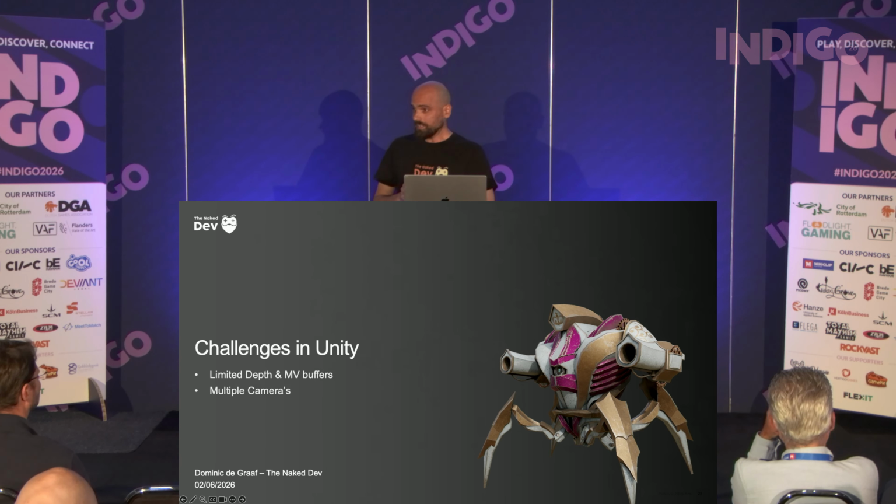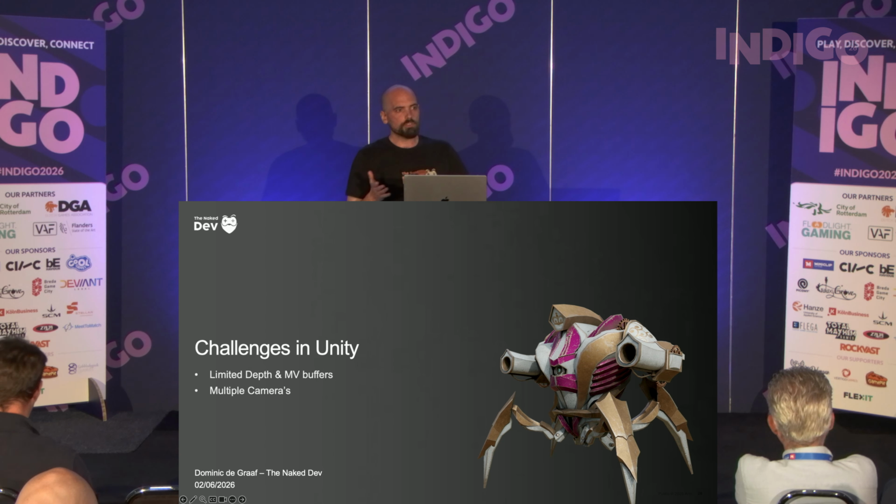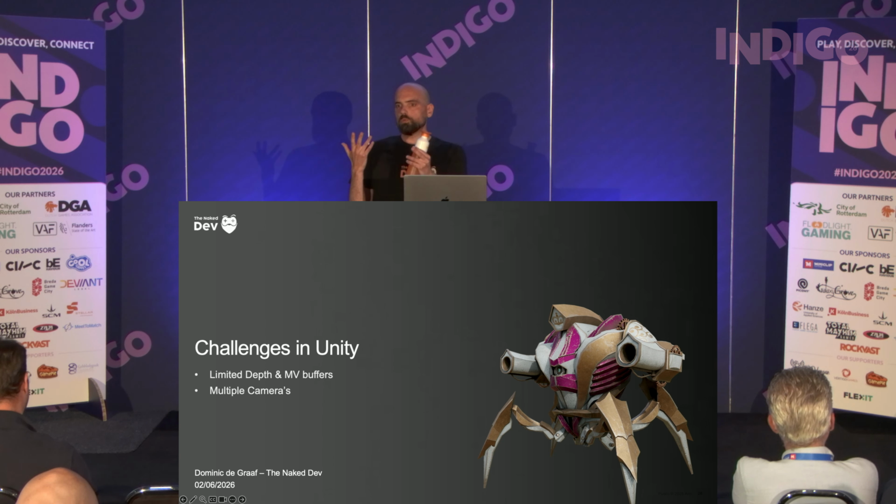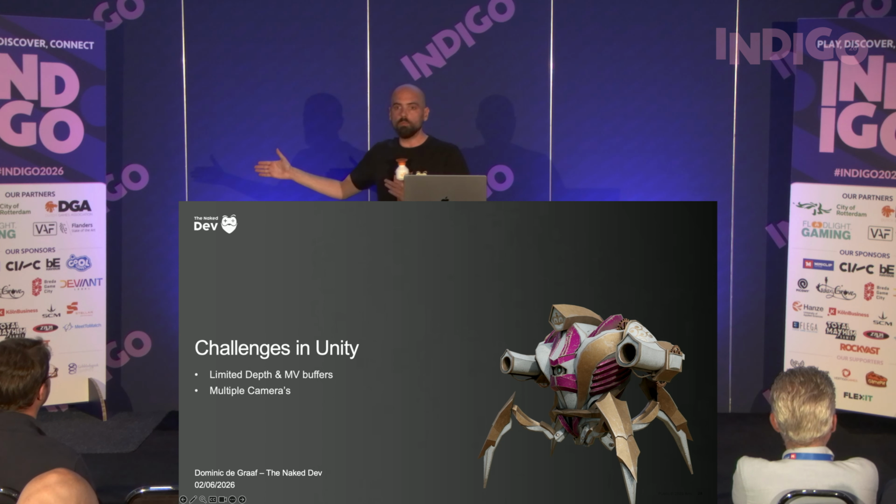And another big challenge in Unity is the use of multiple cameras. In the past, we've all been taught to use many cameras to fix a wide range of issues that you might have in a game with Unity. Like when you're building a first-person shooter and you don't want the hands and the gun to clip through a wall when it is actually clipping through a wall.